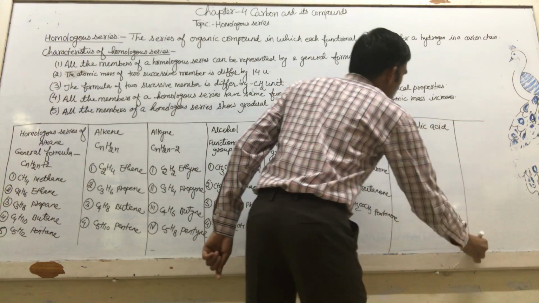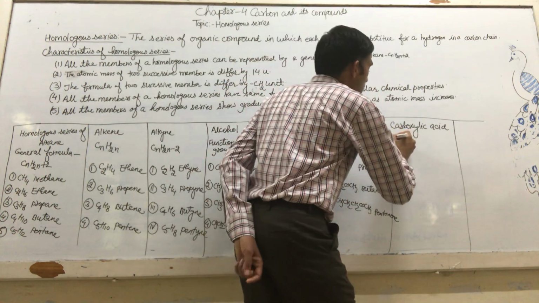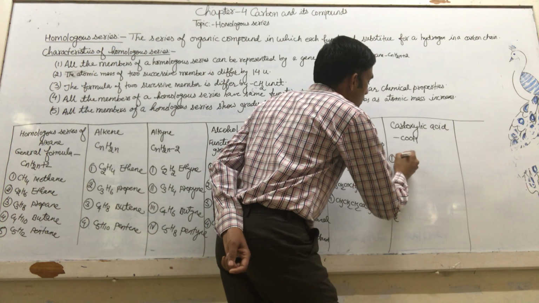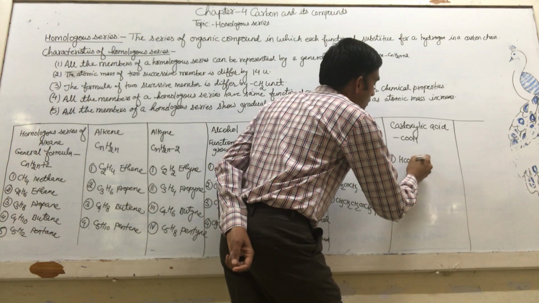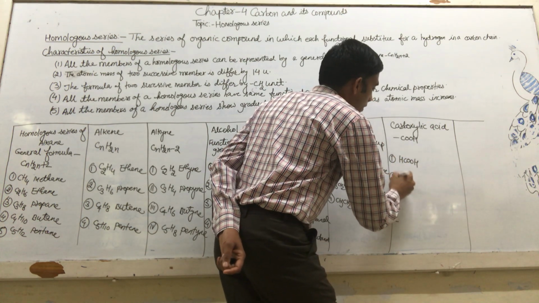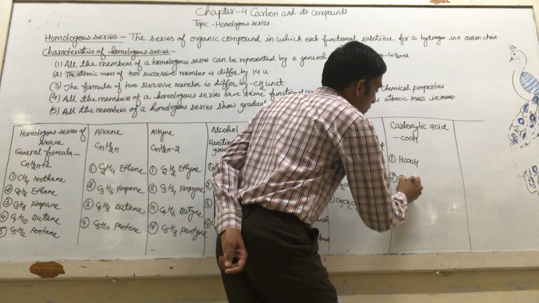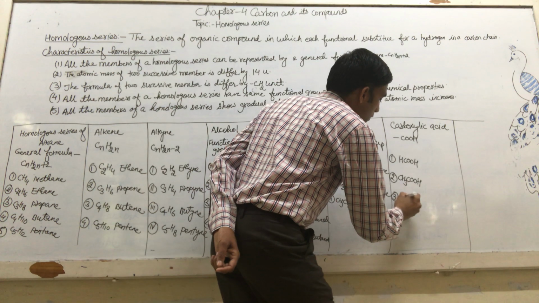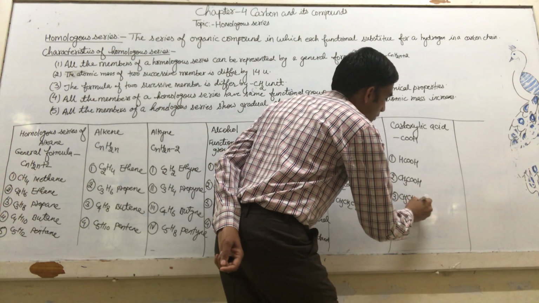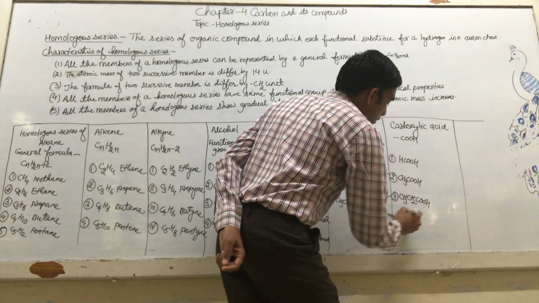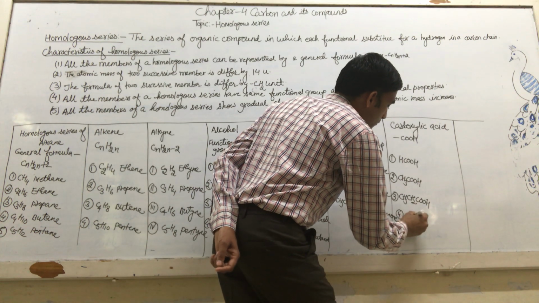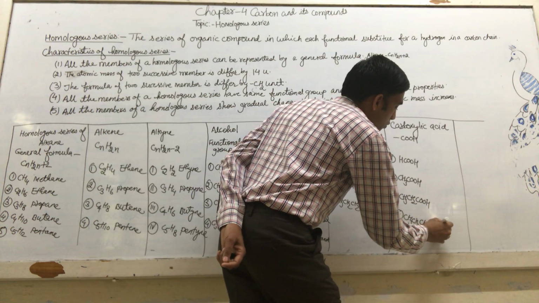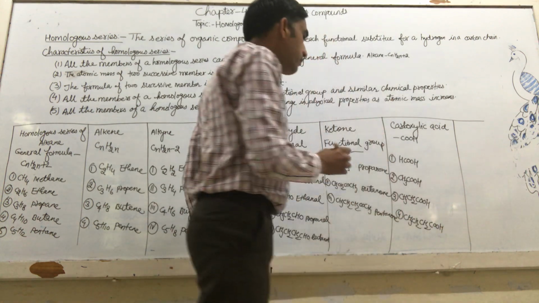Carboxylic acids. The functional group is COOH. So the first member is HCOOH. The second member is CH3COOH. The third member is CH3CH2COOH. The fourth member is CH3CH2CH2COOH.